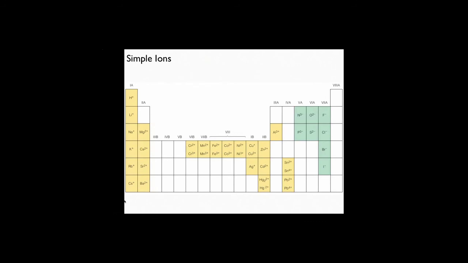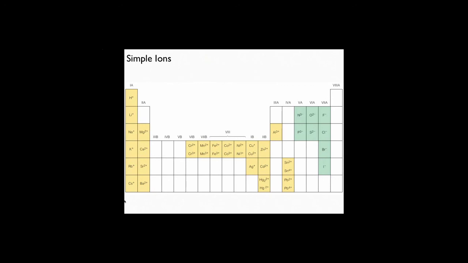Simple ions are ions in which there's only one atom involved. And you should memorize all these simple ions that are shown on the periodic table and their charges. They're sort of grouped together, so memorizing them isn't too tough. For instance, all the 1A elements in this family form positively +1 ions. The 2A elements, magnesium through barium, form +2 ions.